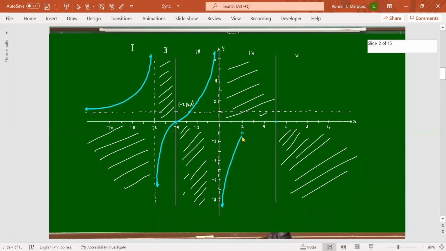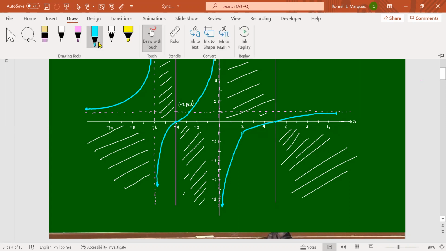As it reaches this hole, it will stop there and then continue. Of course, this is a hole. And then going here, asymptotic again to the pink line. That's it. Any question, guys?